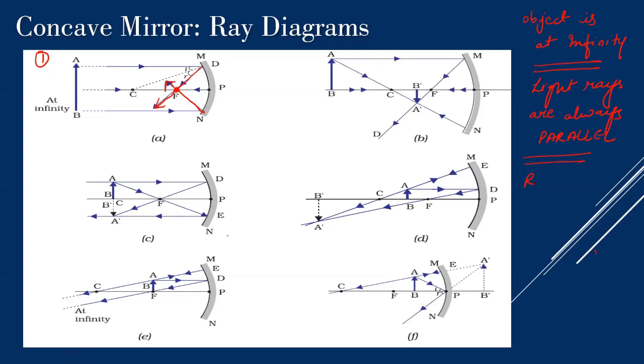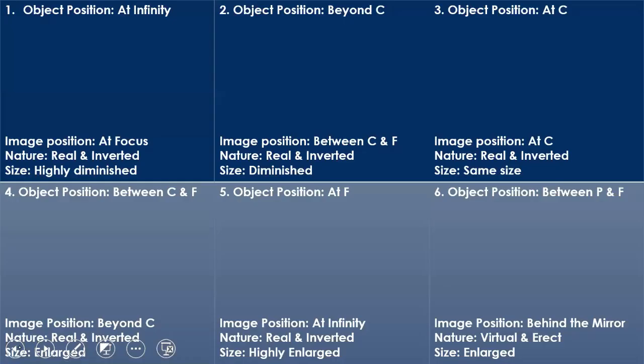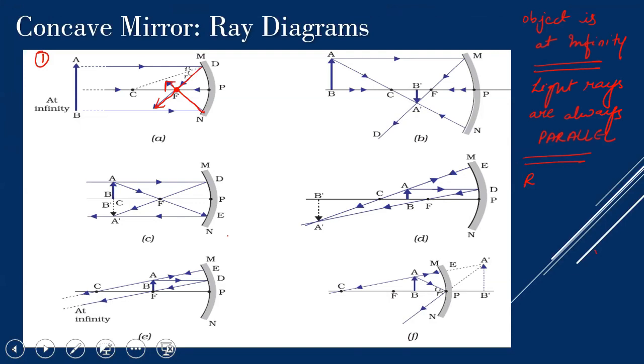I will denote incident ray by IR, reflected ray by RR. Okay, so you need to remember that. So now the incident ray being parallel to the principal axis, reflected rays are passing through focus. How is the image? The image is highly diminished. It is point size. And as the image is formed in front of the mirror, it is going to be a real and inverted image.